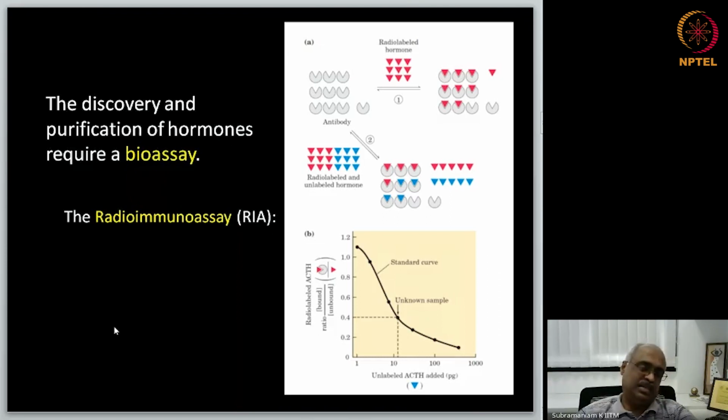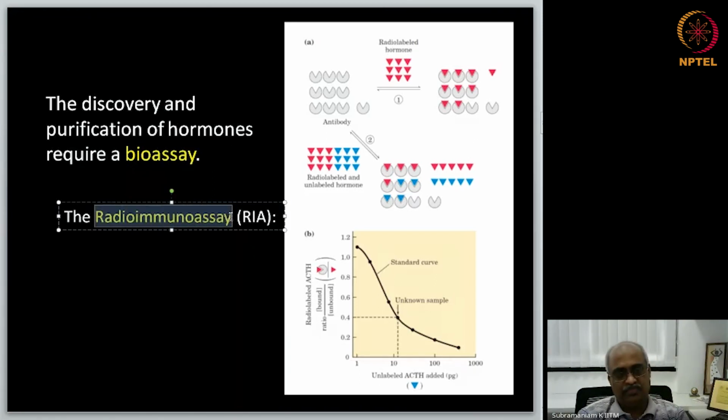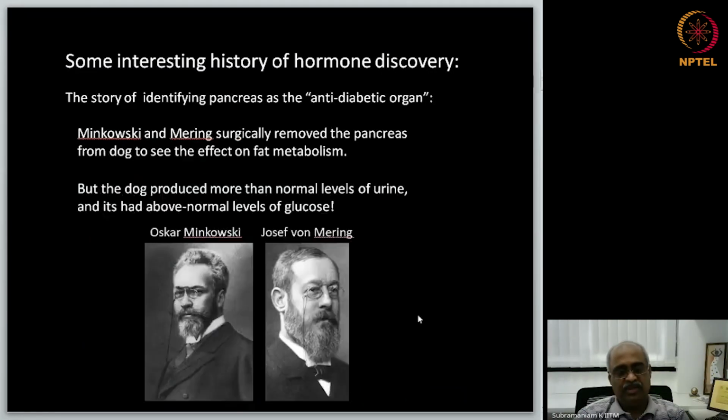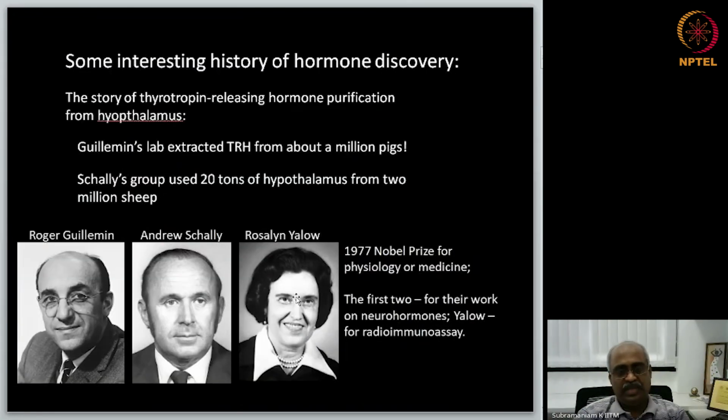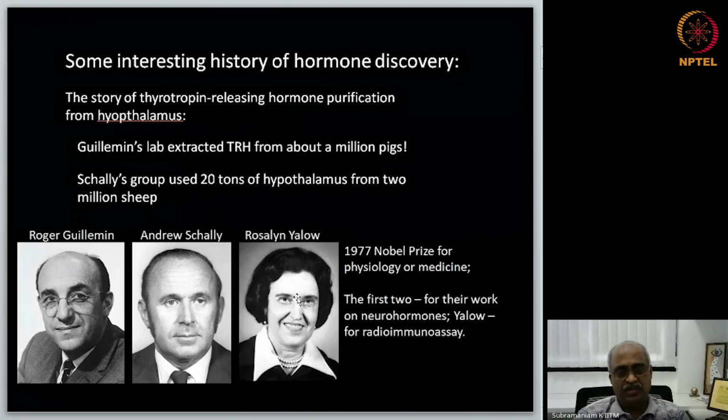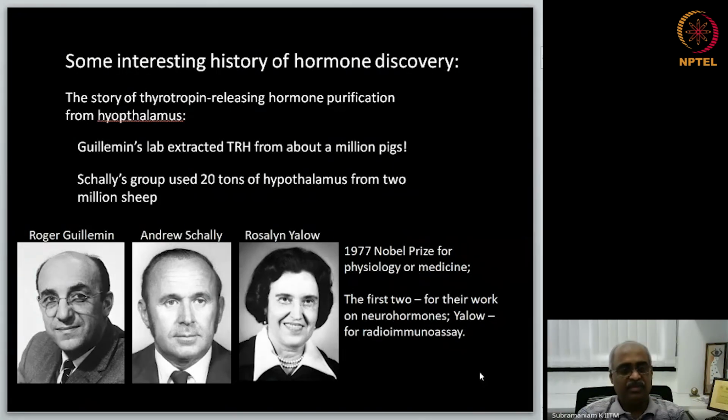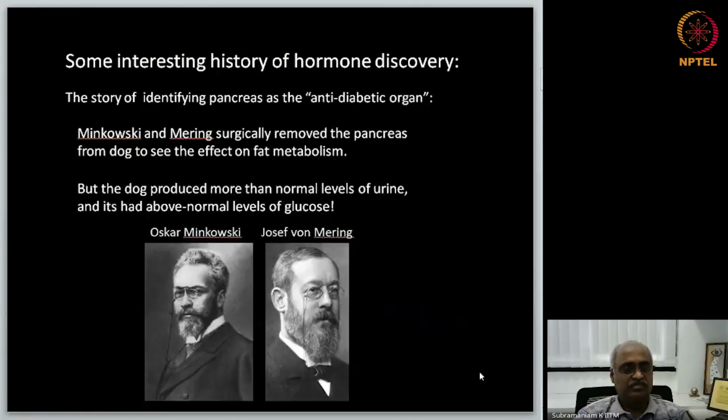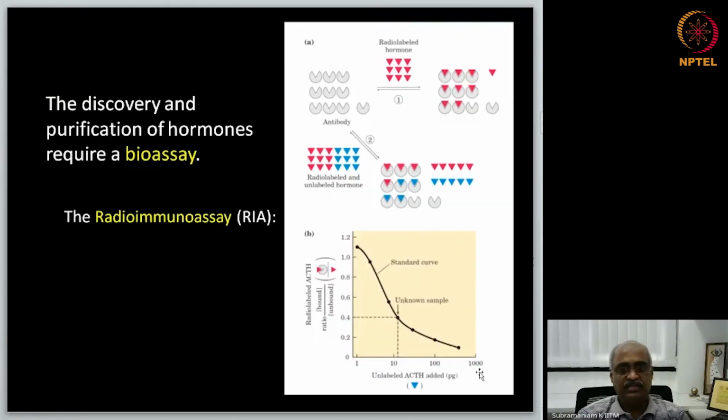One such assay based on this specific molecular interaction is the radioimmunoassay. This was developed by Rosalyn Yalow, and she won the Nobel Prize for this. So that is described here.